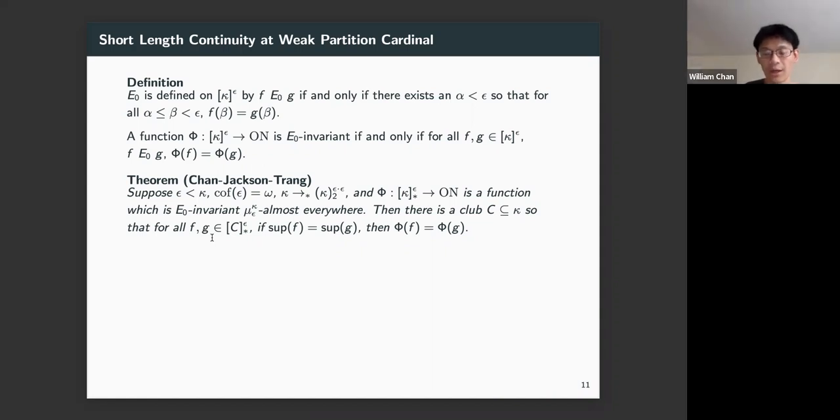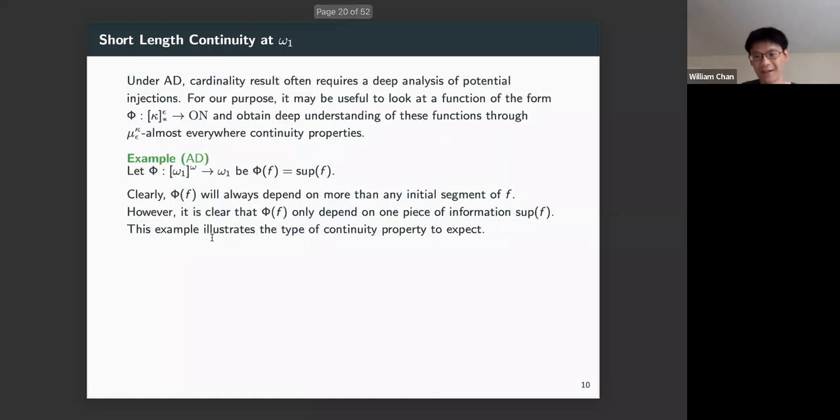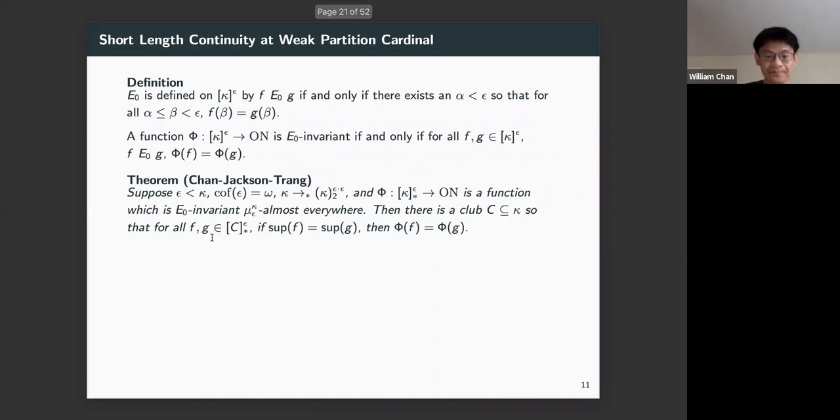So in other words, every E0 invariant function is almost everywhere a function that depends solely on the value of the sup point. An example of this function is that previous thing we just had here. So this is a weak form of continuity, but only for E0 invariant functions.